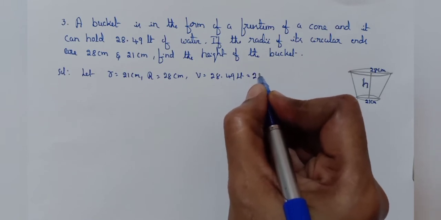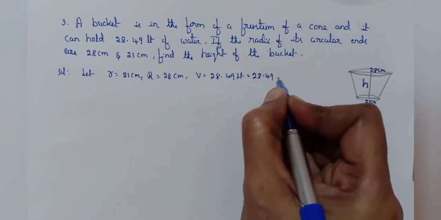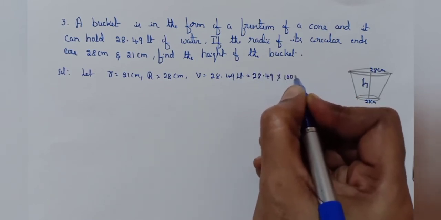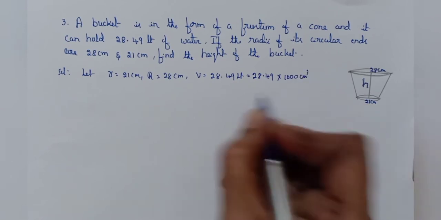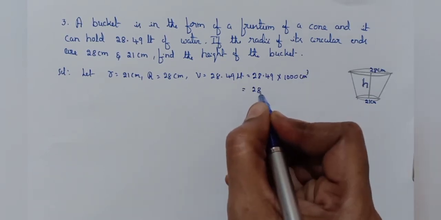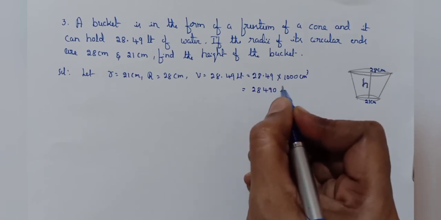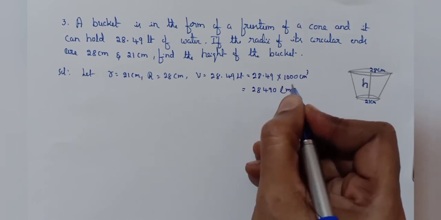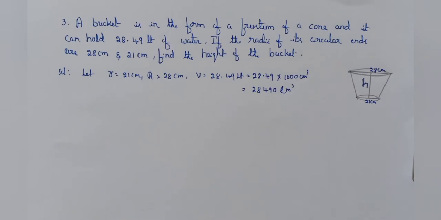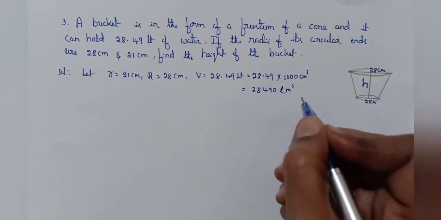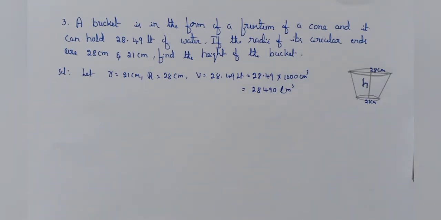So 28.49 into 1000 centimeter cube is equal to 28,490 centimeter cube. So the volume of the water is 28,490 centimeter cube.